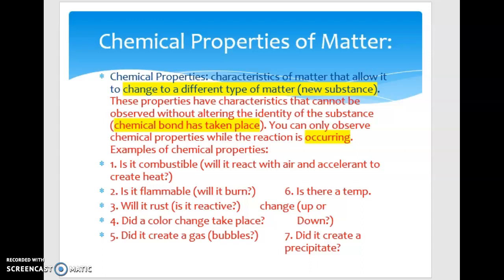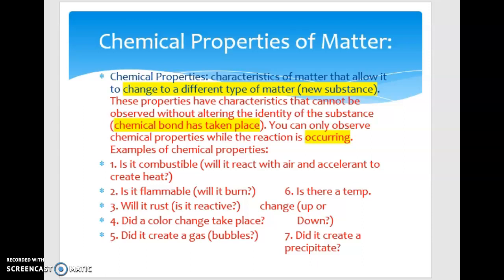That is a key word that you look for when you're looking for a chemical property. If it reacts with another substance and changes into a new substance, then it is reactive, and that is a chemical property. When I ask you, will it rust, basically what I mean is if you set it outside, it probably has to be metal.